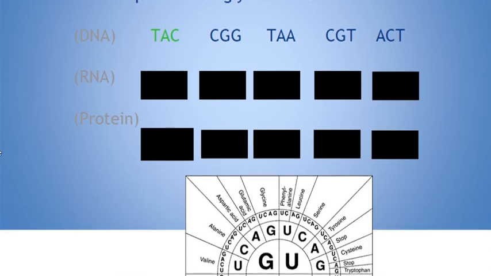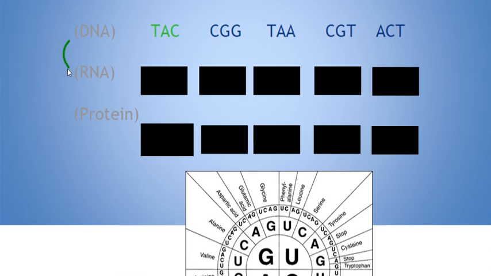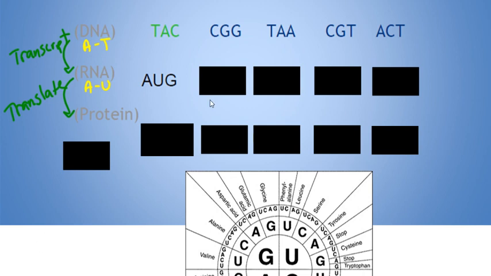So another quick practice. We're going to go transcription and then translation. So DNA to RNA. Well, TAC, remember DNA has T's. RNA, remember A bonds to U, where in DNA, A bonds to T. So what we have here, TAC, is going to be AUG.